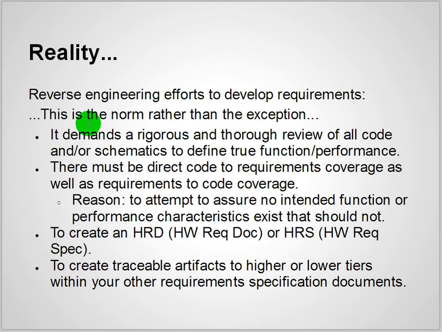What this is trying to do when you reverse engineer for functionality and performance is make sure that there is no intended function or performance that exists that shouldn't exist. That is the whole point of making sure there's code coverage and requirements coverage and back and forth.